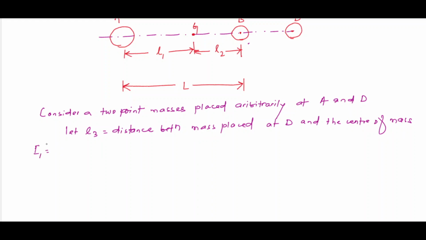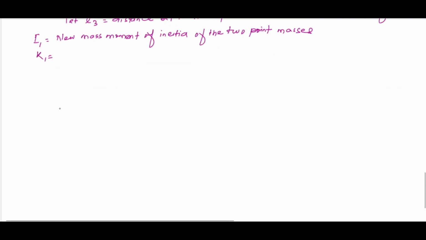Now I1 is the new mass moment of inertia of the two point masses, and K1 is the new radius of gyration.